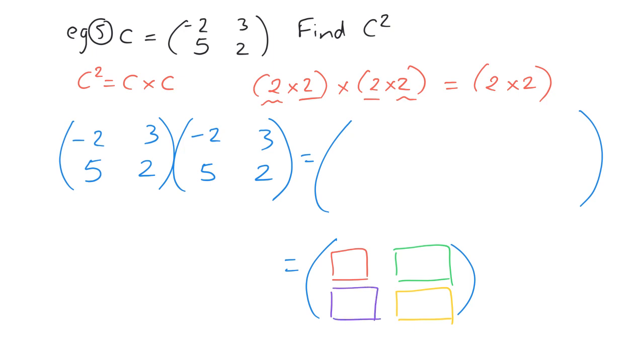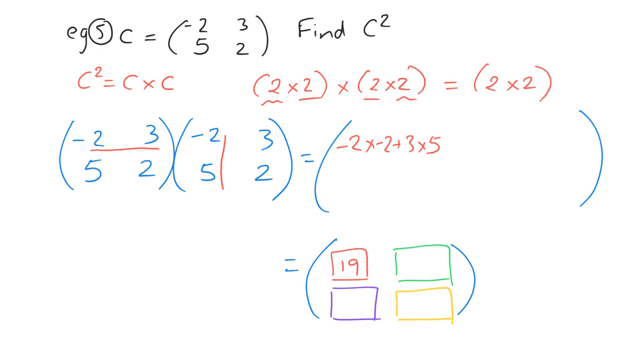Okay, so the red square then is in the first row and the first column. So we multiply the first row by the first column. So minus 2 by minus 2 plus 3 by 5. So we get 4 plus 15, so that gives us 19 in the red box.